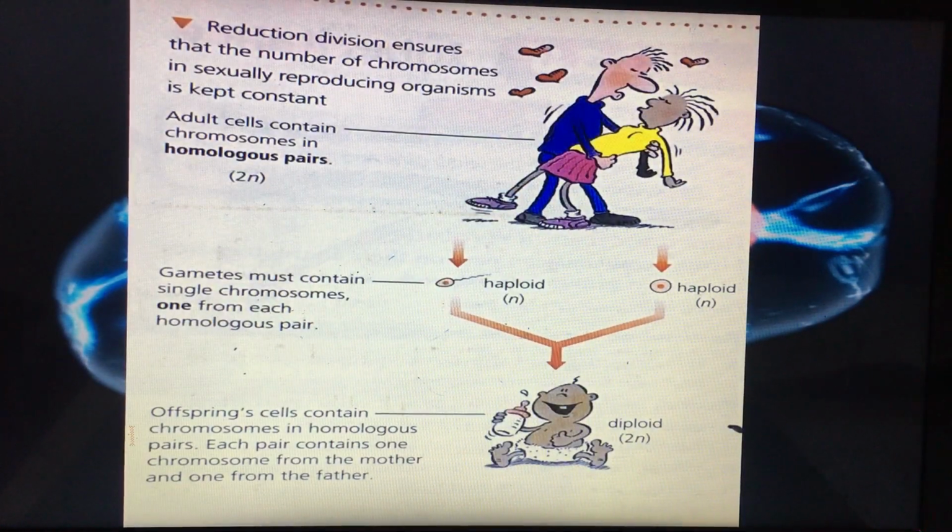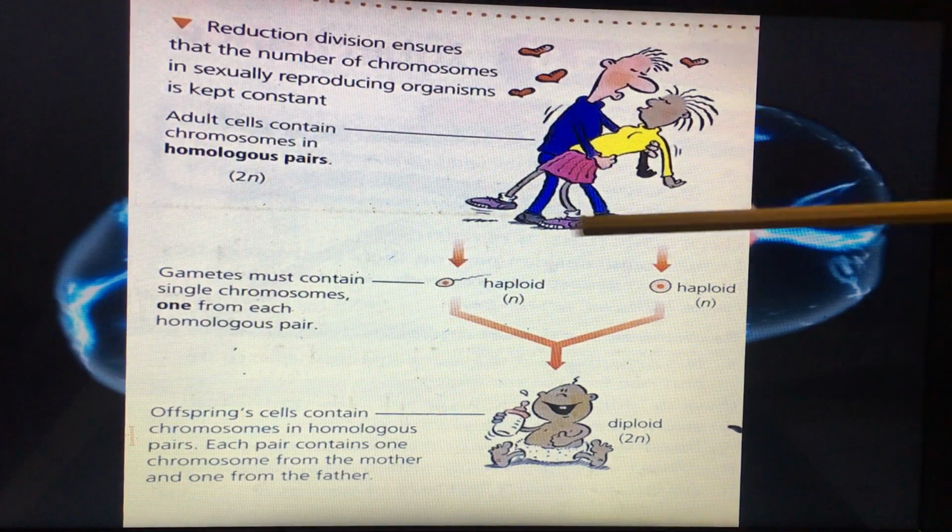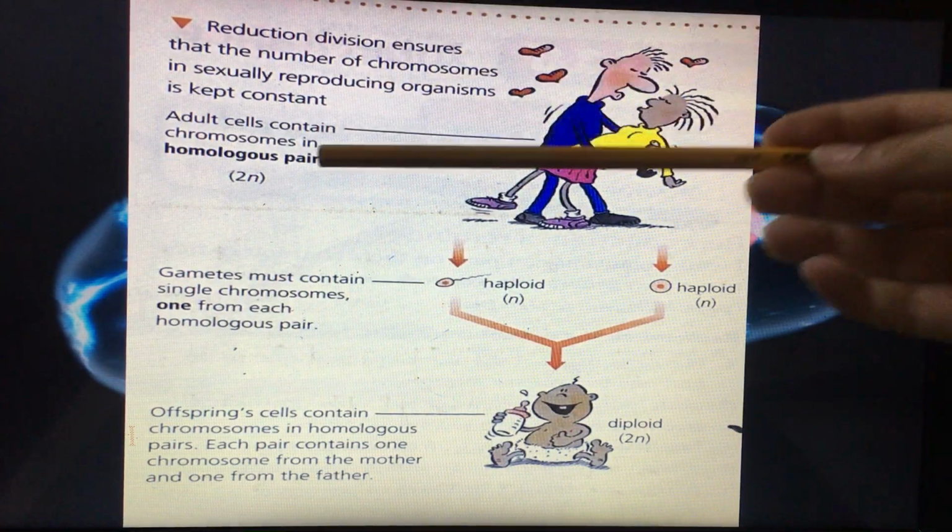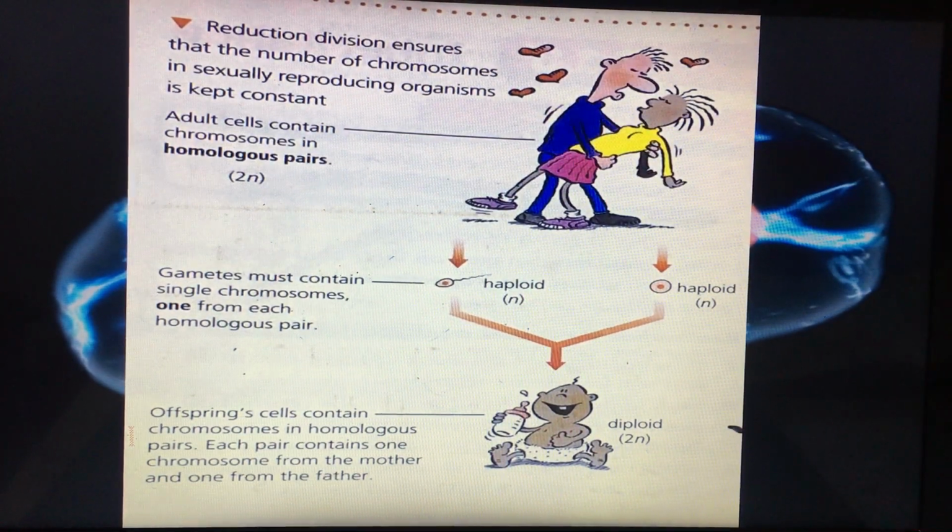Focus on this diagram, you have to know that each cell of an organism has a fixed number of chromosomes. Okay? So the number of chromosomes in a normal body cell is the diploid number. So in a normal body cell, we have the diploid number, which is 2n. Okay?